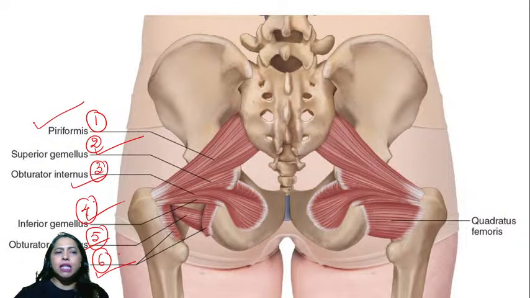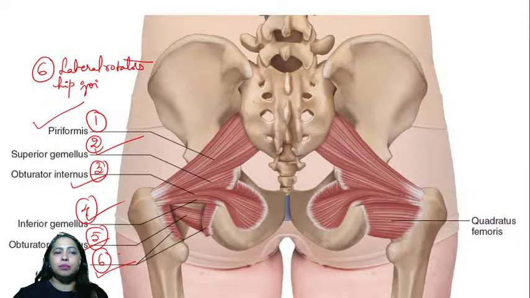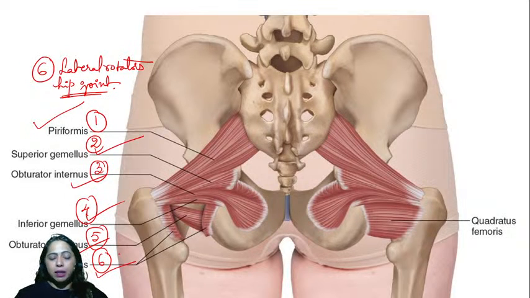These 6 muscles are known as the lateral rotators of the hip joint. Lateral rotation of the hip joint is a very important action.